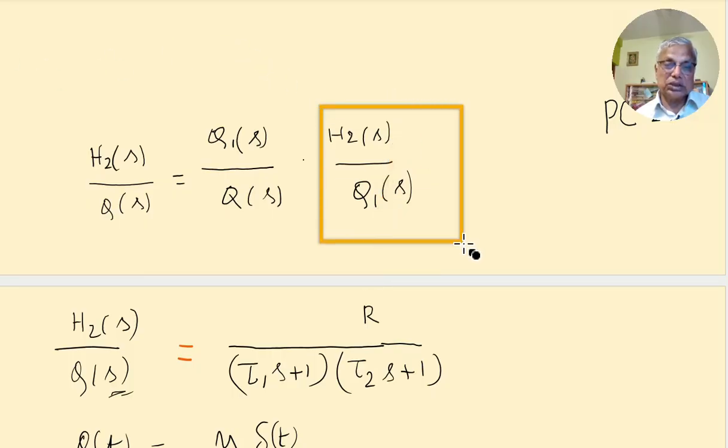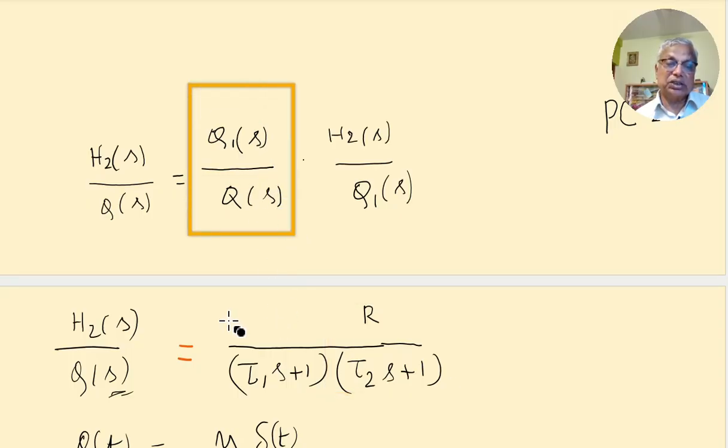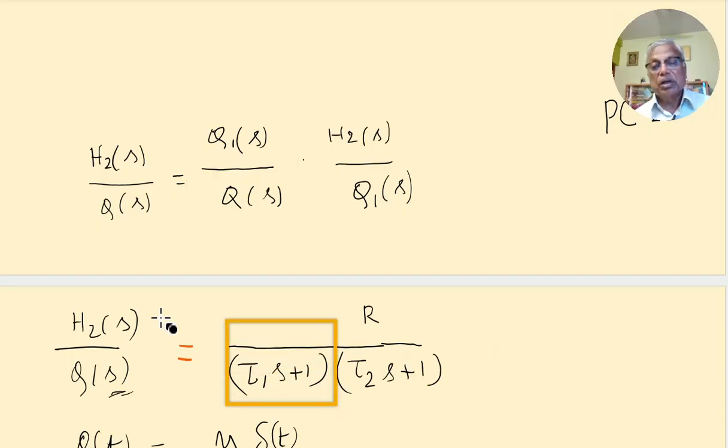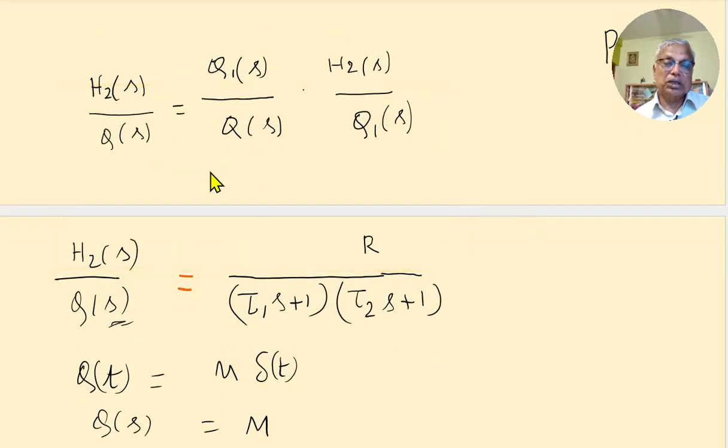And the transfer function H2 by Q1 is R2 by tau 2 s plus 1. So the overall transfer function is the product of these two functions.